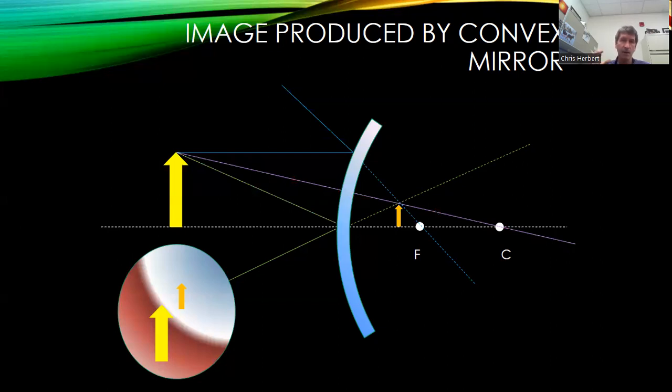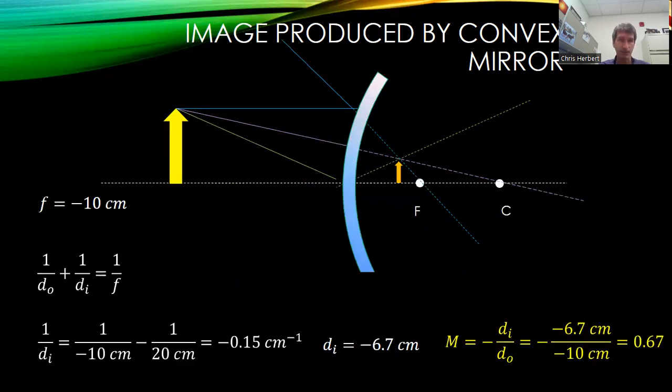A convex mirror, although it's not as important as a concave mirror being the basis for the reflective telescope, allows us to reduce the field of view. You shrink everything down, you reduce the magnification so you can fit more on the reflection. Seems sort of counterintuitive, but what you're doing is reducing the magnification, so what you can see becomes more. Okay, if everything's smaller, you can fit more onto the reflection that you see in these mirrors.